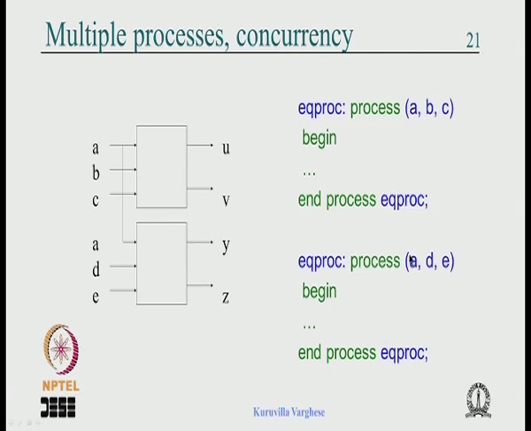With that I wind up the lecture today, and in the next class we will see the remaining model, called the structural model, which is important in describing hierarchy, and we will see how the simulator handles concurrency there.